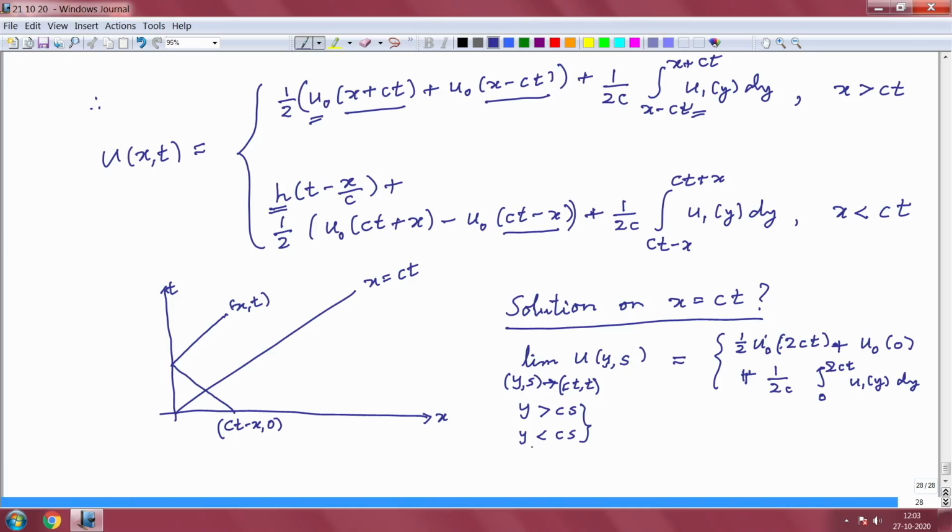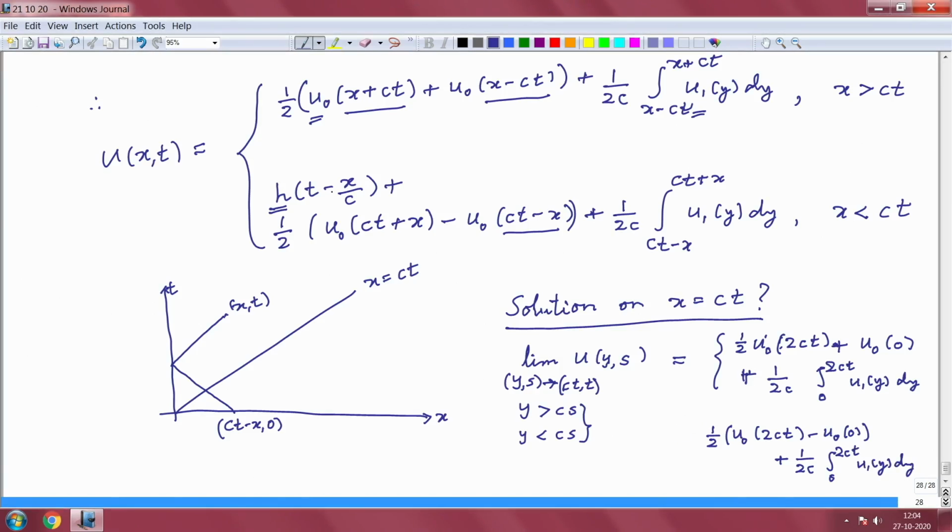that is valid for y less than cs, that one. So, again I get half u_0(2ct), you have to do it carefully, minus u_0(0), plus 1 by 2c, the integral from 0 to 2ct of u_1(y) dy, and there is of course the boundary term.